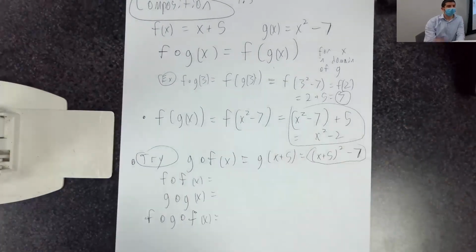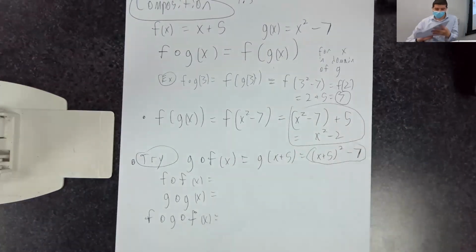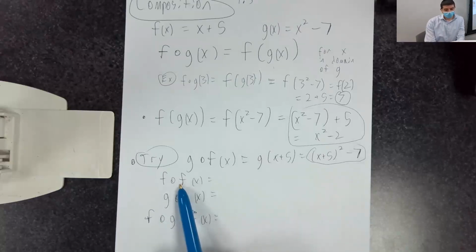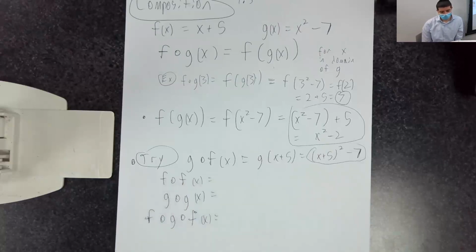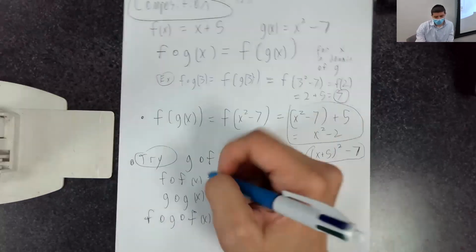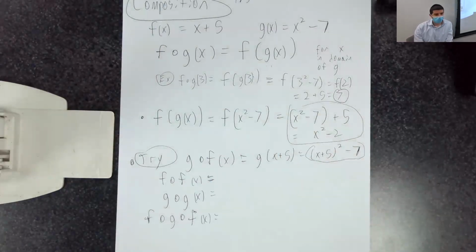Okay, now f of f. Yes, go ahead. Yeah, we have Nur Sultan. Did you get f of f? It's x plus 80. x plus what? 80.